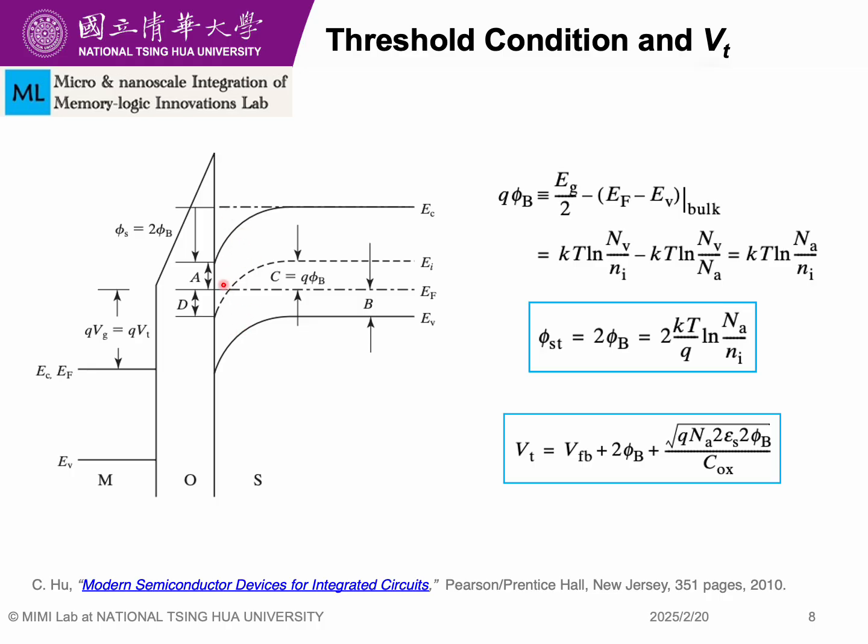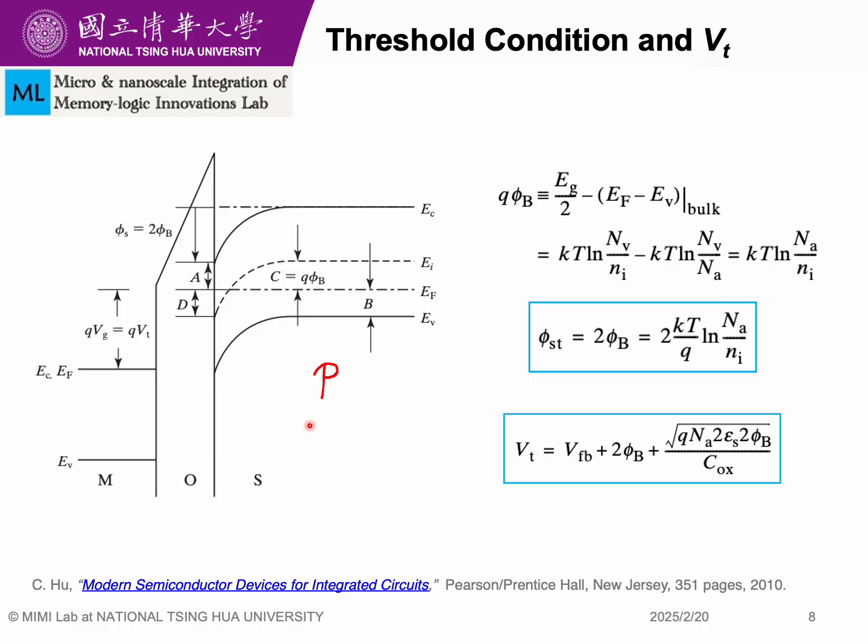And when this surface electron concentration becomes equal to the bulk hole concentration, given that this is a p body substrate, this is p-type semiconductor or p body substrate, not p-type MOS.